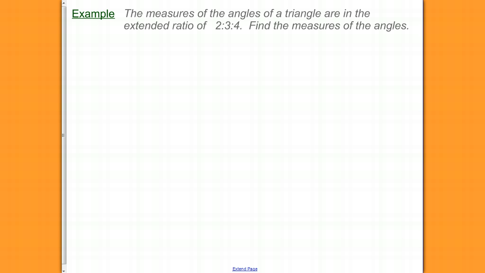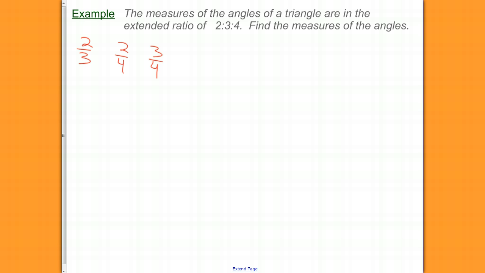That 2 to 3 to 4, we can compare any two of them: 2 to 3, 2 to 4, and 3 to 4. We're given all three as a ratio, but it can give us 3 different ratios. But the idea here is, again, ratios are assumed to be in simplest form, meaning there could have been a common factor that was canceled out. And that's the case for this one.